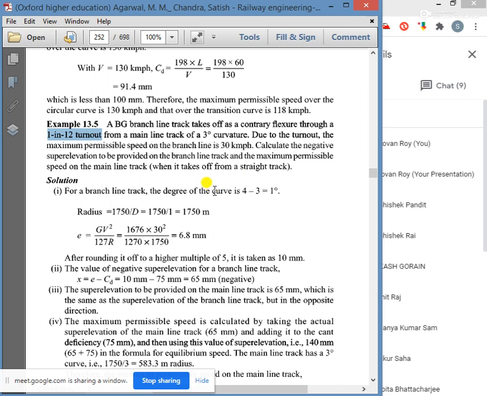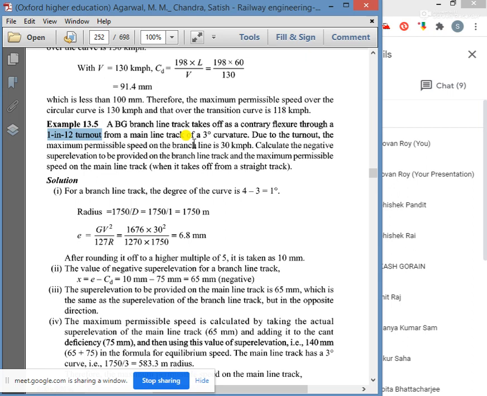If the degree of curve is available to us, we can easily calculate everything, because through the degree of curve we can calculate the radius of the curve, since R equals 1750 by D. If D is available, we can calculate R. In this case, they only mention that a 1 in 12 turnout means a 4 degree angle of the branch line.